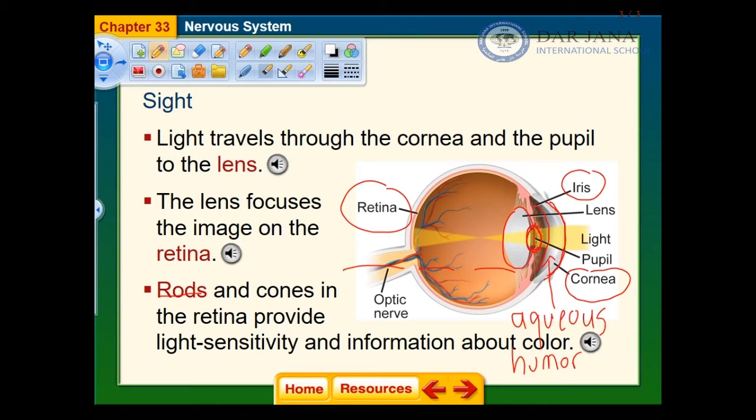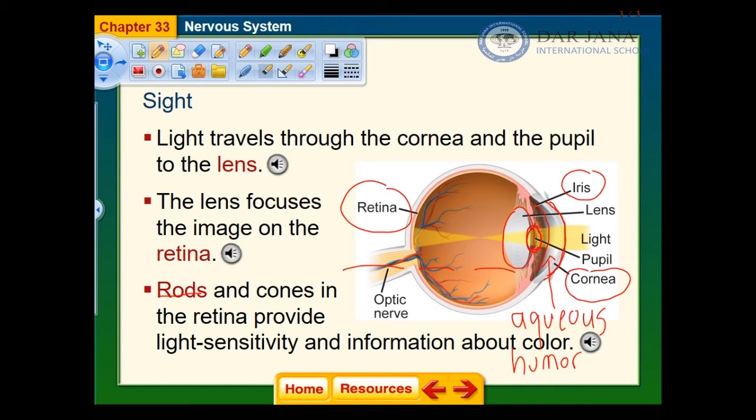But here, if the intensity of light is high, as if you're looking at the sun directly, your pupil will constrict, the iris will constrict the pupil and decrease its diameter to decrease the amount of light entering the eye.